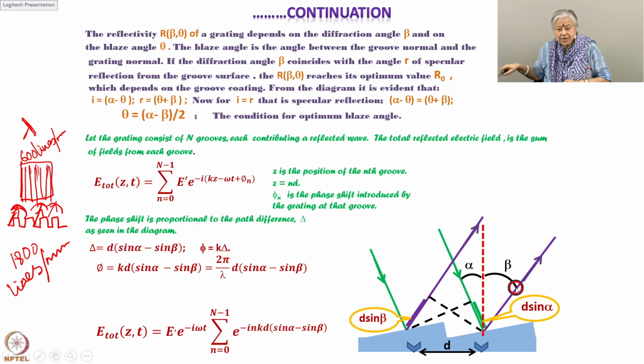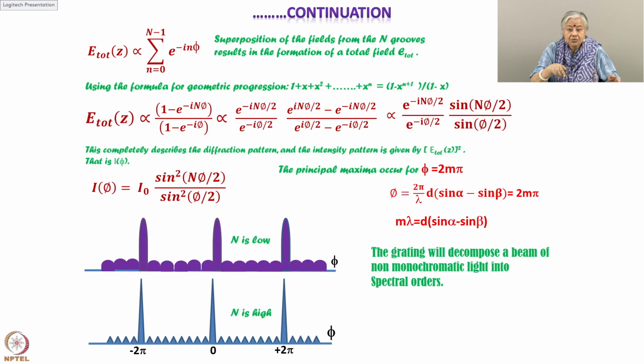If the diffracted angle were on this side, it would be positive, and the procedure of doing this mathematical derivation would have been just the same. So, now I have separated out the time part and the space part, and here I just take the space part of it.